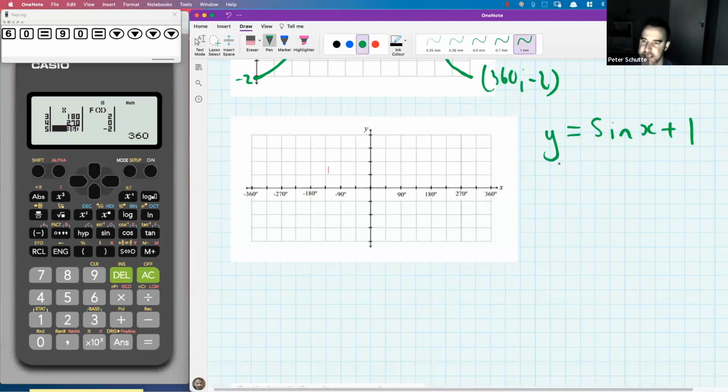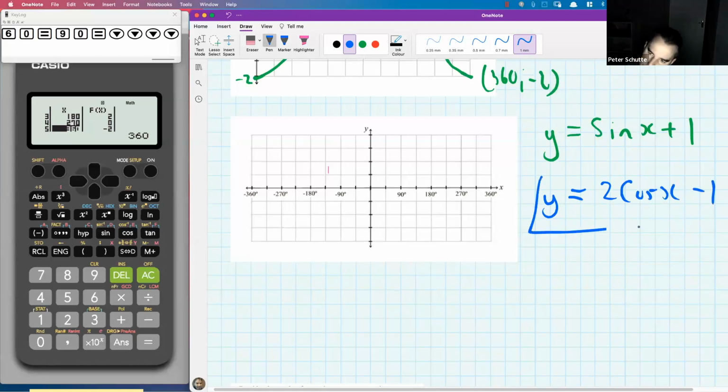So y equals sine x plus 1. And then I'm also going to ask you to draw the graph of y equals 2 cos x minus 1.